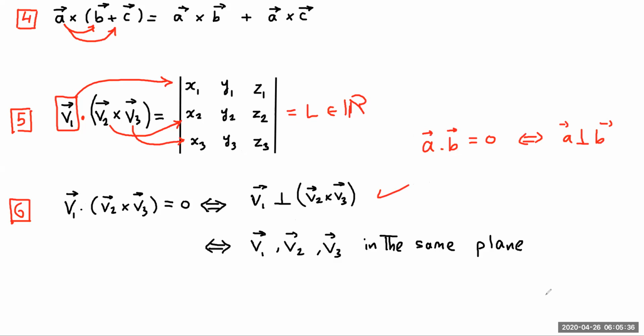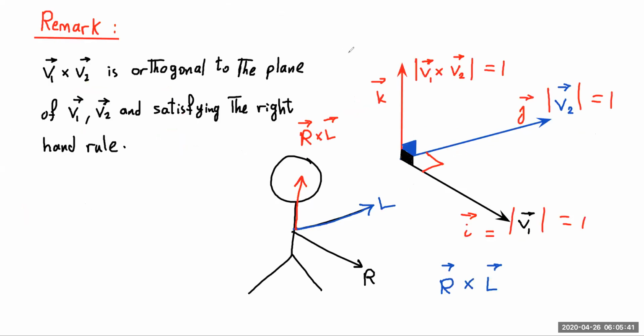we know, remember the sketching here. If I suppose v1 and v2 are any two vectors, then the vector v1 cross v2 is orthogonal to the plane of v1, v2.